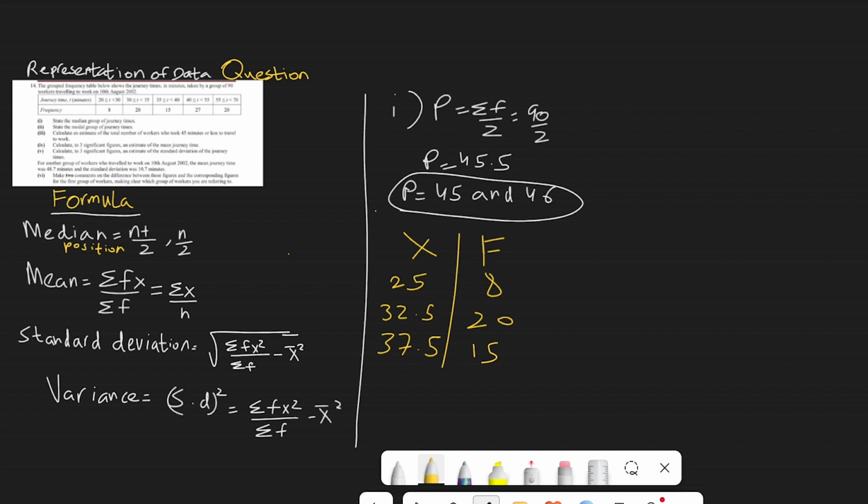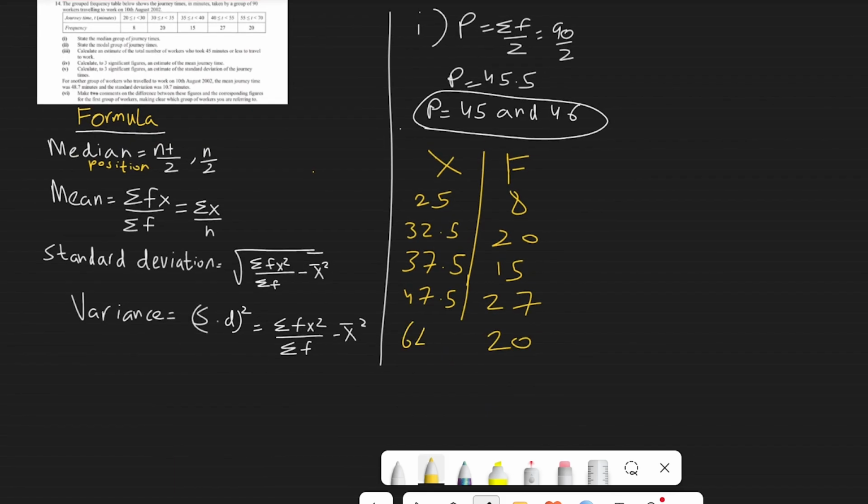Then we have 40 plus 55 over 2, which is 47.5, and the frequency is 27. The last is 55 plus 70 over 2, which is 62.5. Okay, so that is the table for x and f.